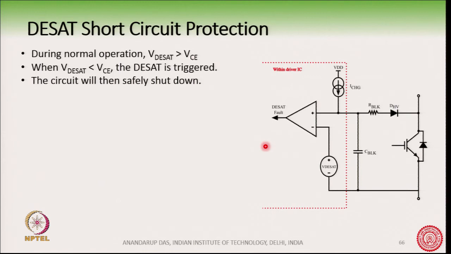We will also need this diode, because remember that when the IGBT is off, this VCE voltage is the total DC bus voltage, and the diode has to block the DC bus voltage from coming across the op amp. In addition, there is also this capacitor C blanking and resistance R blanking.